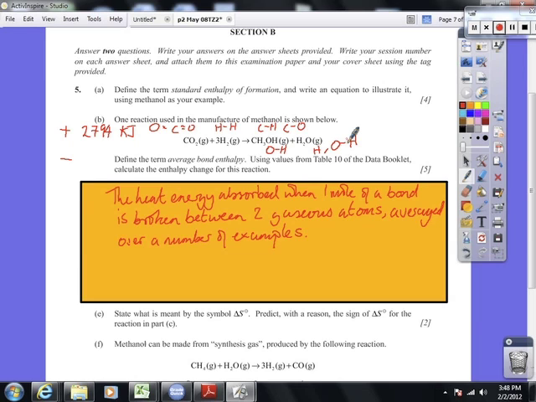So 3 times 412, 3 times 463, and 1 360 is the total of 2985 kilojoules. Sum all those together and you'll get a final value of minus 191 kilojoules.